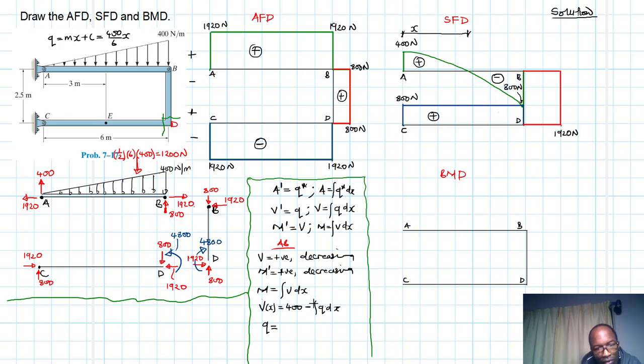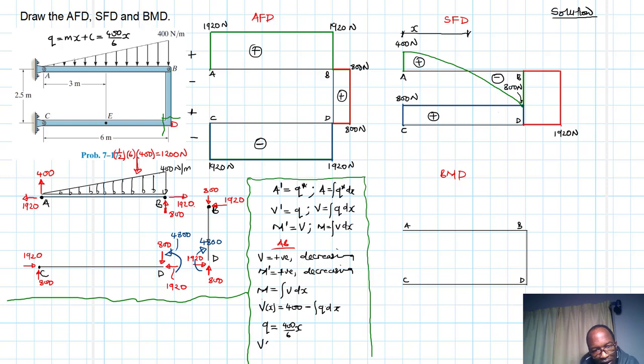So this is our q: 400 divided by 6x, because when x is equal to 6, q becomes the maximum of 400.